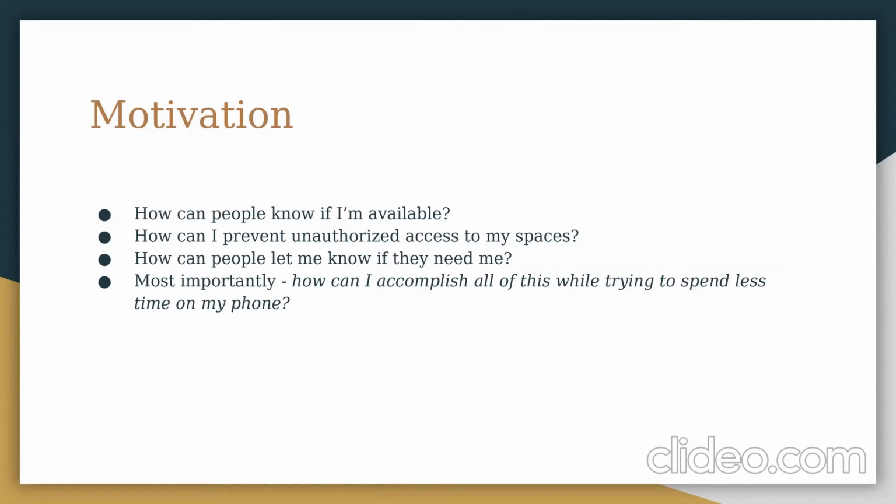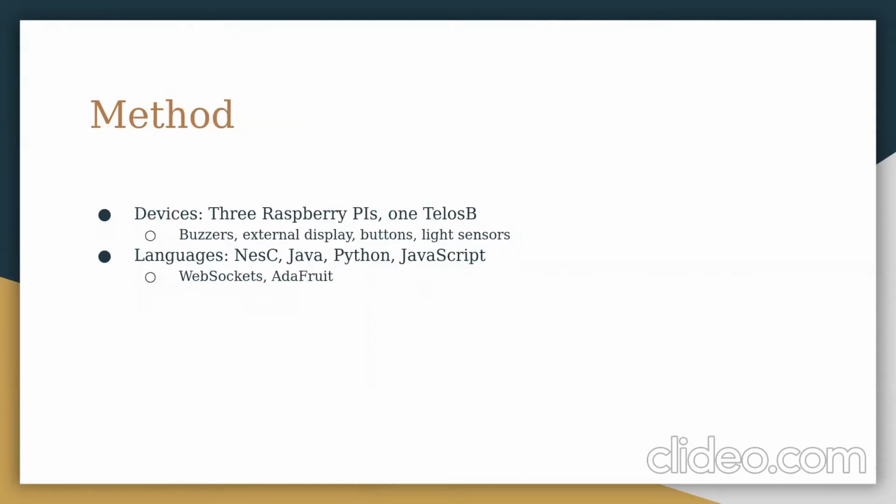So then I'm just going to move on to exactly how I got my system set up and the data flow behind it. But first, I'm just going to give exactly what I used for the project. So I used 3 Raspberry Pis and 1 Telos B. I needed the Telos B for its light sensors.